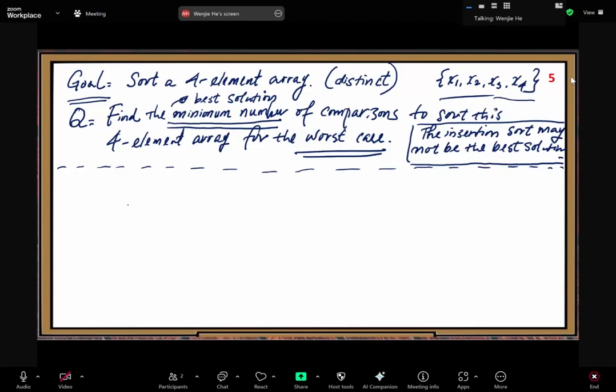We have this one element array. Now we want to insert the next element into this ordered array. By one comparison we can complete that insertion step.